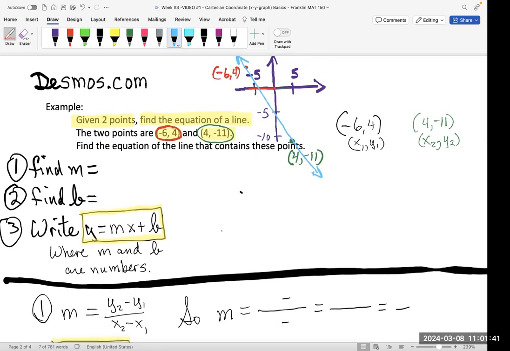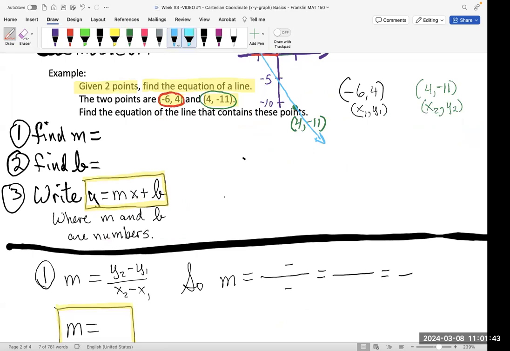Now, using our slope formula, the slope is the ratio of the change in Y, your vertical change, divided by your change in X. It does not matter which point you define as point 1 and point 2. For the sake of this equation, I let this one be point 1, and I let this one, 4, -11, be point 2.